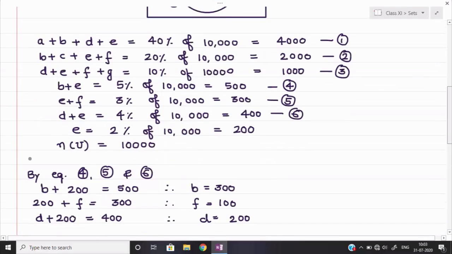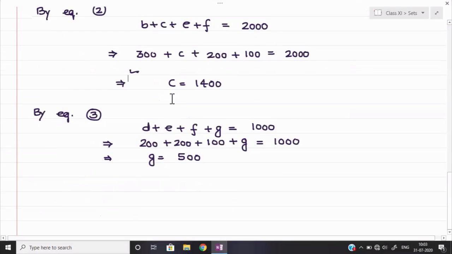Yes. So here part number 1. Wait a minute. Yes. Part number 1. In the first part, they are asking the number of elements of only A. So only A will be equal to here A, and the value of A I think we found here as 3300.